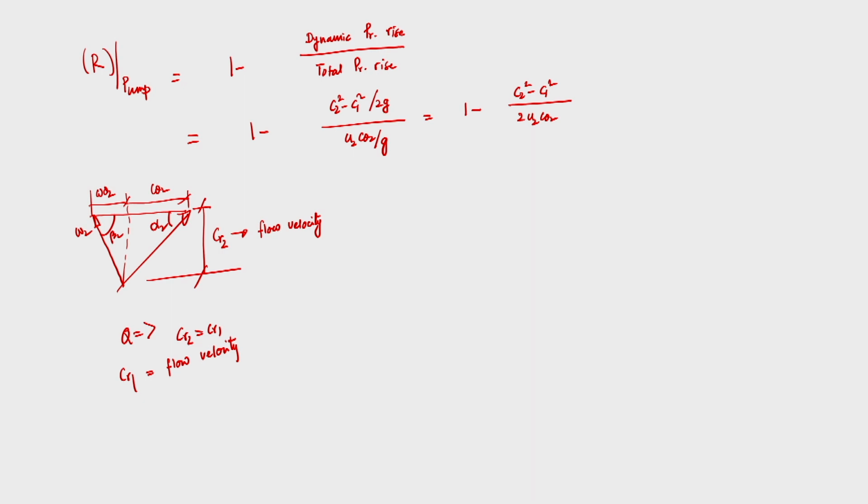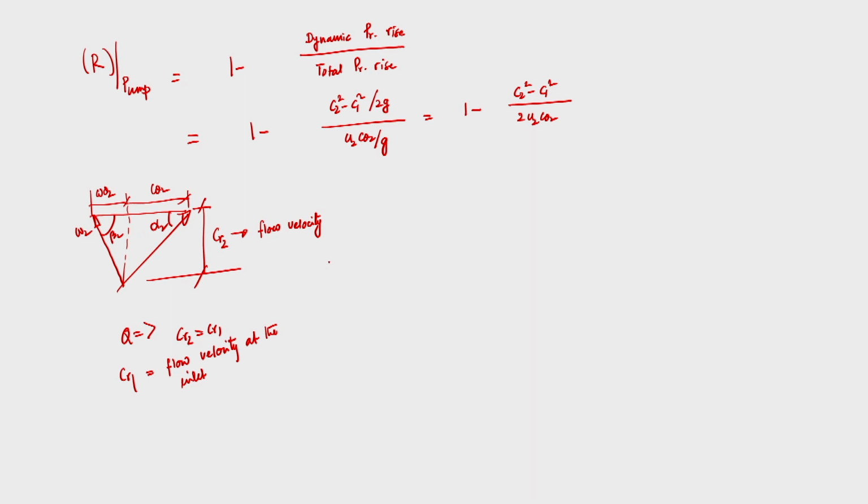In some places the area is less and velocity is higher; in some places the area is higher. So, this is the flow velocity at the inlet. CR2 is equal to CR1.